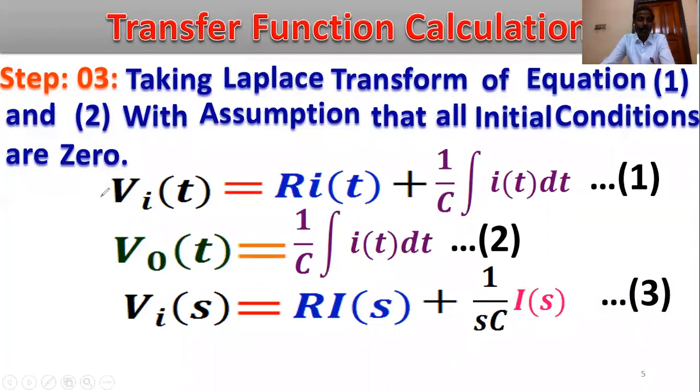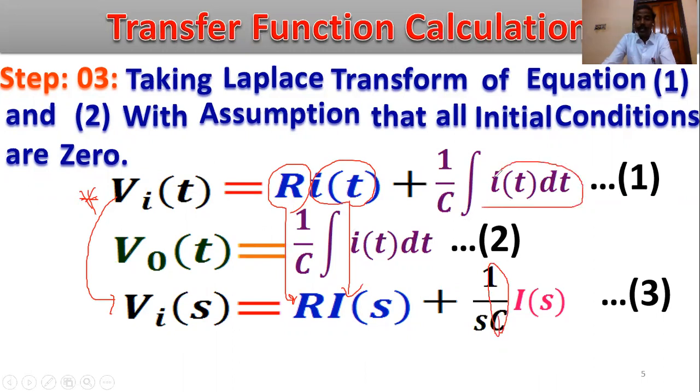R is a constant, the Laplace transform of i of t is I of S, and 1 by C is a constant, and the integral of i of t dt is equivalent to I of S by S.